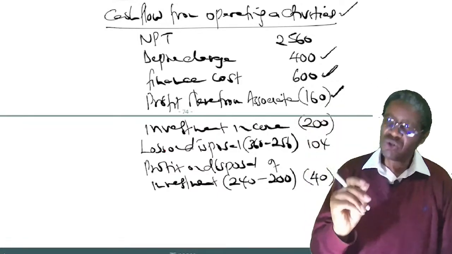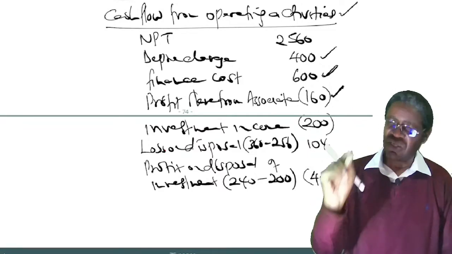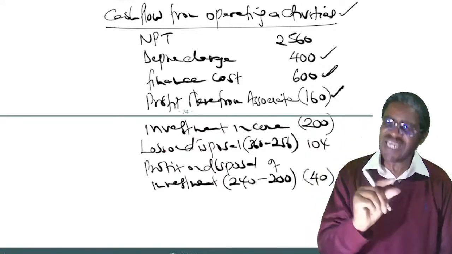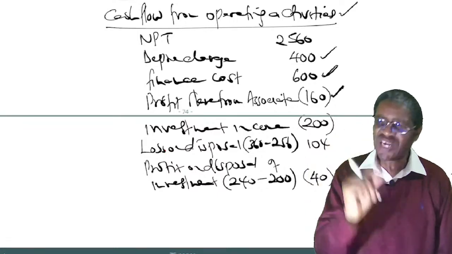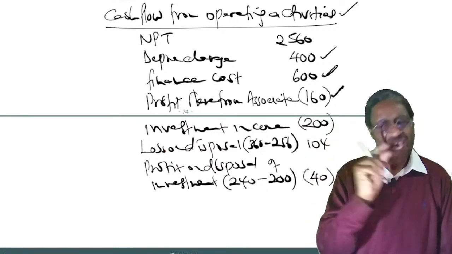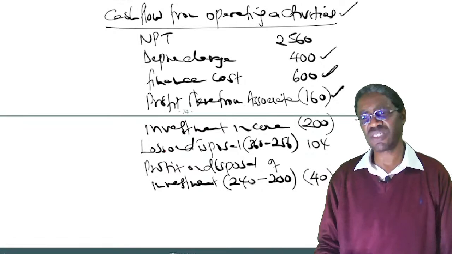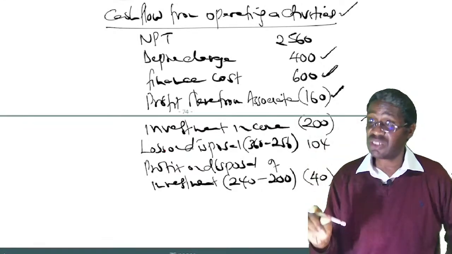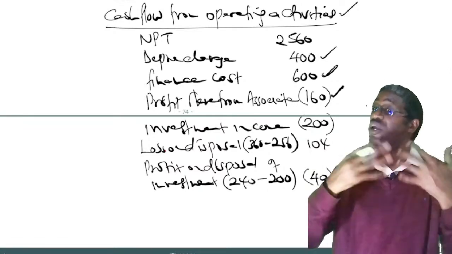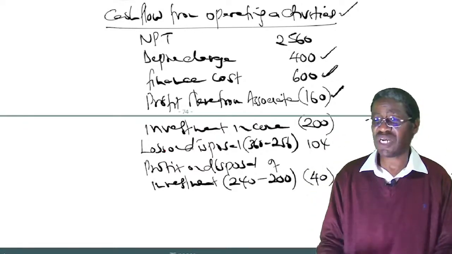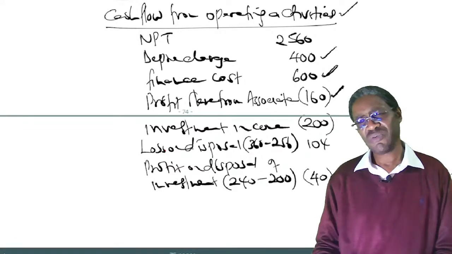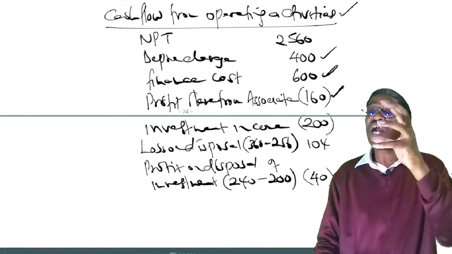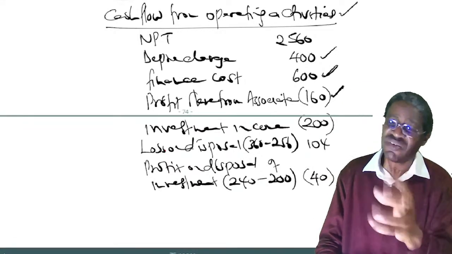I told you, what are investing activities? Investing activities are any transactions affecting fixed assets. Any transaction that affects a fixed asset should be classified as an investing activity. So from your investments, which are part of fixed assets, you received an income from your investment. So it should be accompanying where that investment falls.